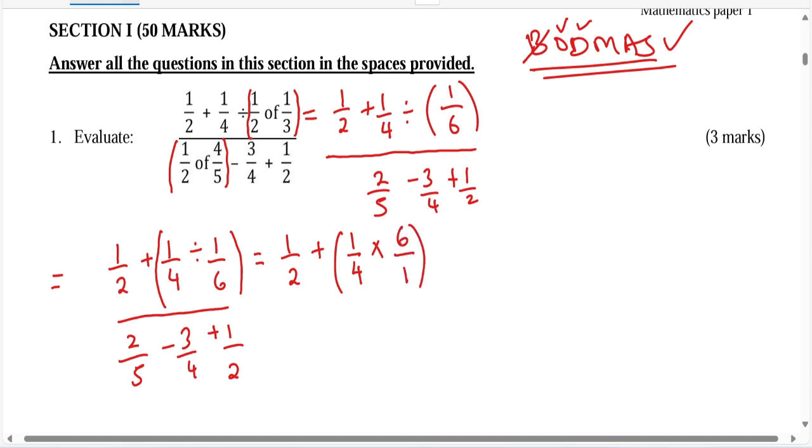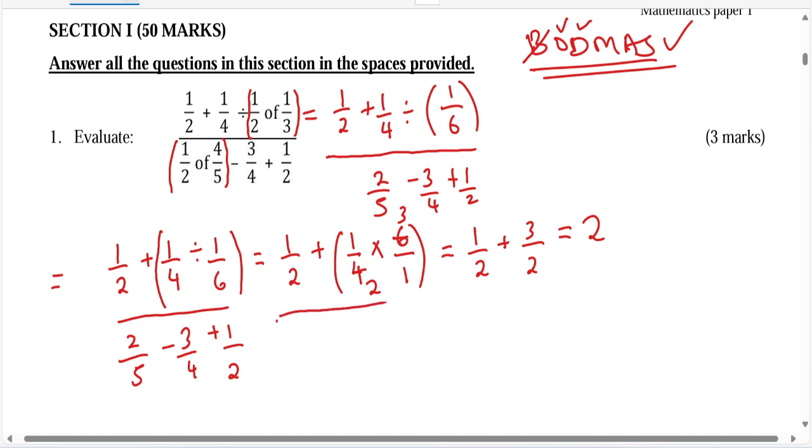Sawa? So at the end of the day itakuwa ni a half plus a quarter times 6, which is 6 by 4, 3 by 2. So a half plus 3/2 ni 4/2, na 4/2 ni ngapi? Ni 2. Sawa. So just add the numerators 1 plus 3, since the denominators are the same, utaandika tu 4/2, which is 2.